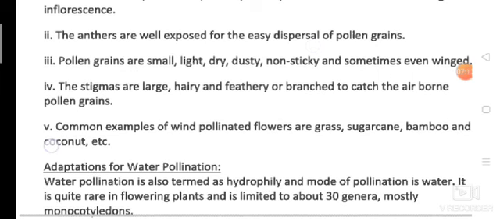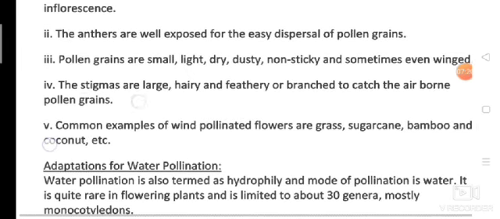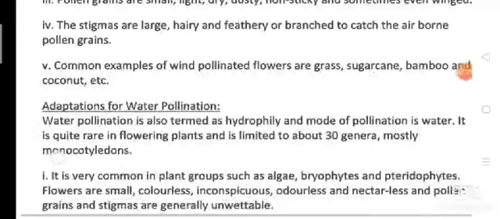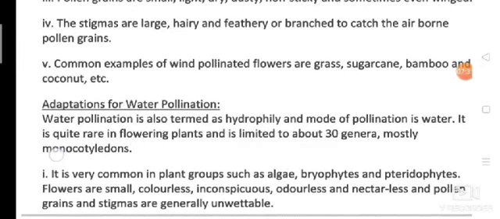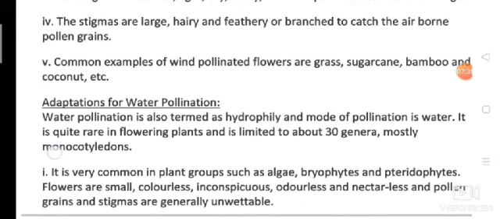Pollen grains are small, light, dry, dusty, non-sticky, and sometimes even winged. The stigmas are large, hairy, and feathery or branched to catch the airborne pollen grains. Common examples of wind-pollinated flowers are grasses, sugarcane, bamboo, and coconut.